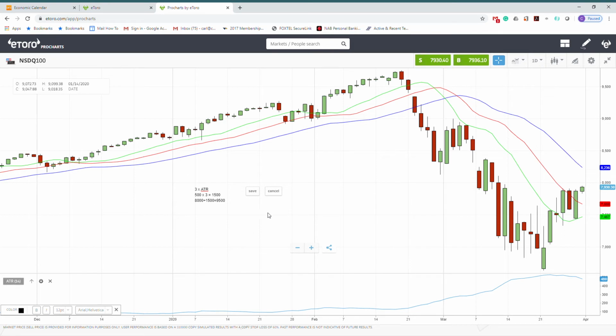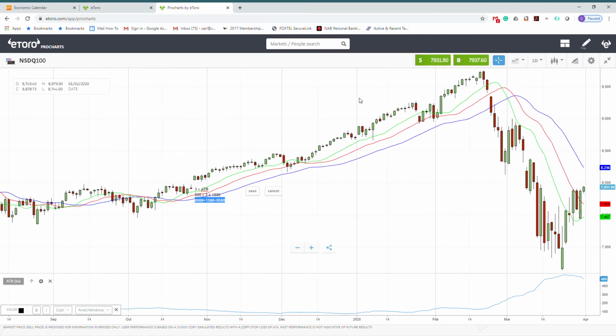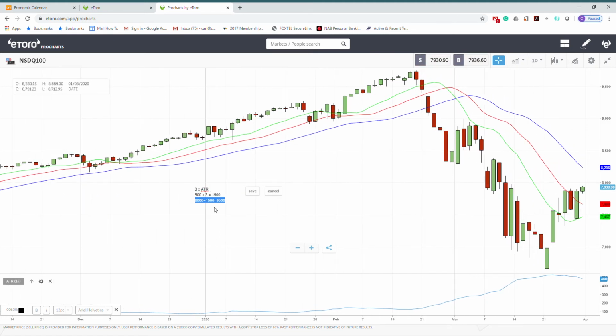So this can be your stop loss, 9500, but this is if you are a very long-term trader using daily charts.